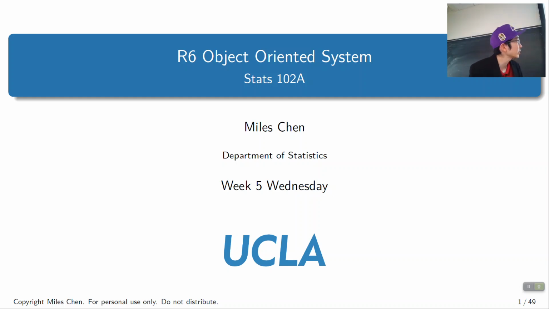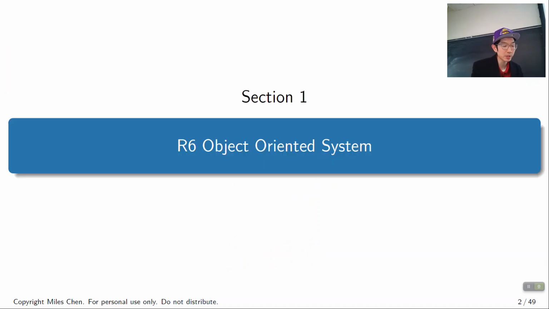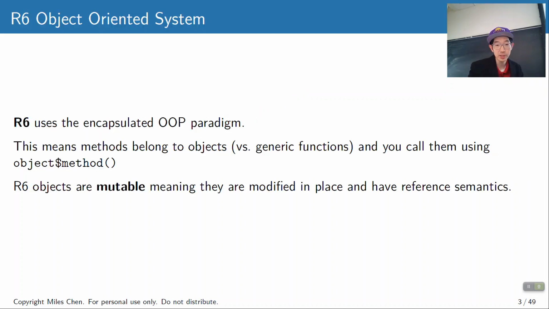Today we are going to look at the R6 object-oriented system within R, and this implements encapsulated OOP. On Monday I talked about generic function OOP and encapsulated OOP. S3 was a generic function OOP system, and R6 is an encapsulated OOP system.